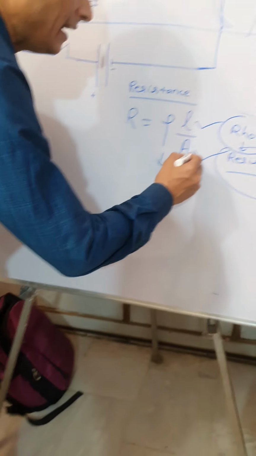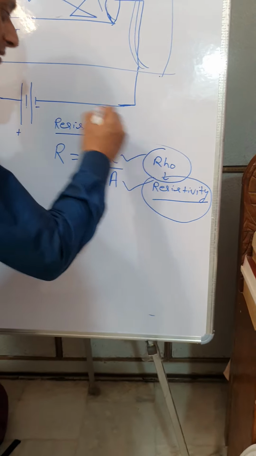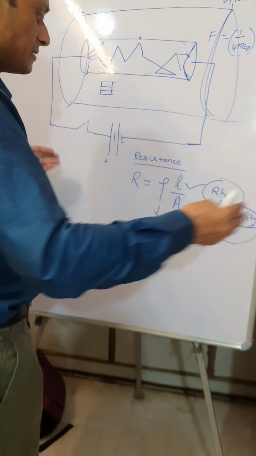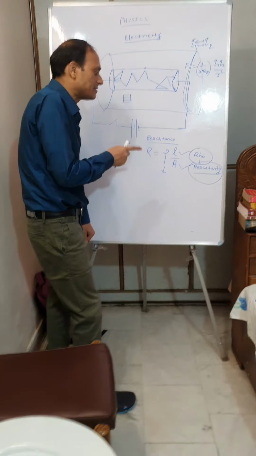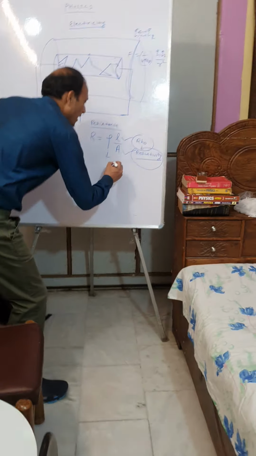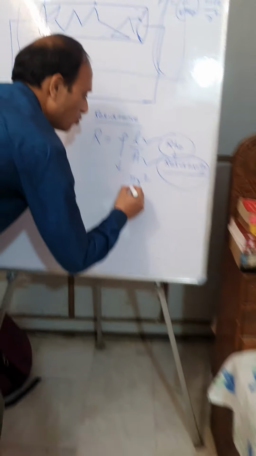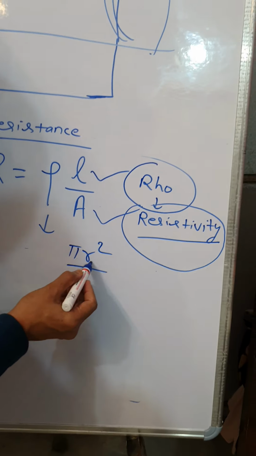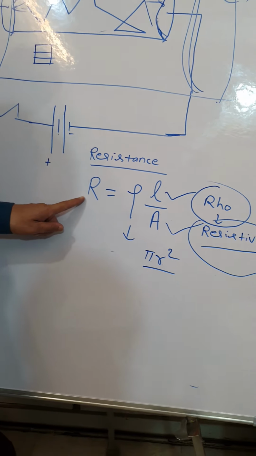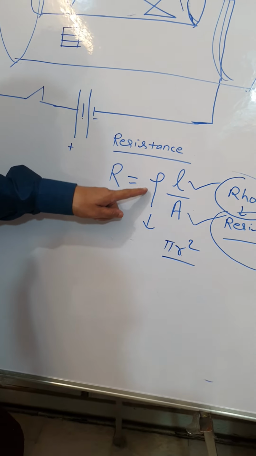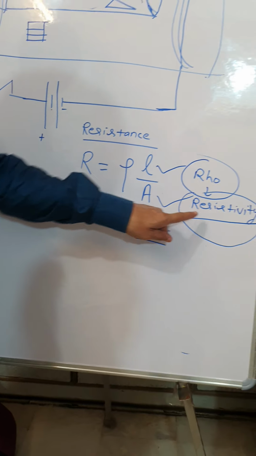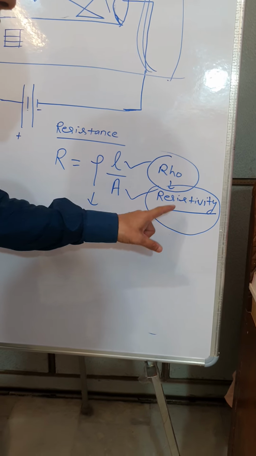This L and A depend upon the particular conductor: how long that conductor is, how large its radius is, how large its cross-sectional area is, because A will be pi r squared. This is a circular area. So the longer the radius is, the larger will be the cross-sectional area. So resistance can be measured by the formula rho L by A, where rho is called resistivity, an internal property of the conductor.